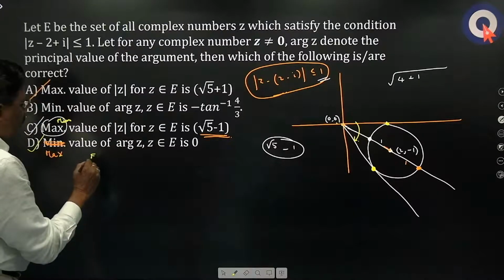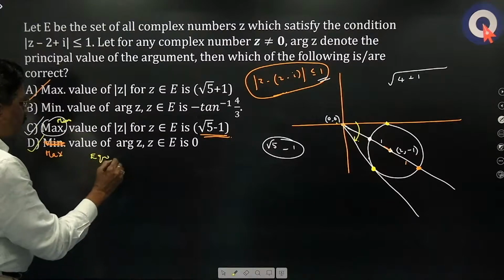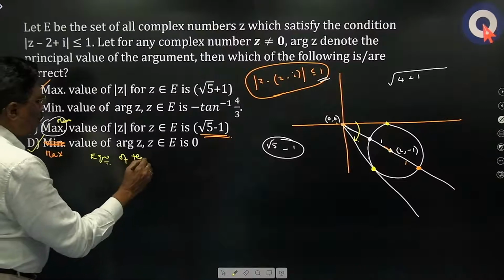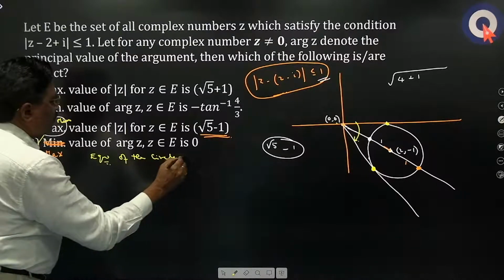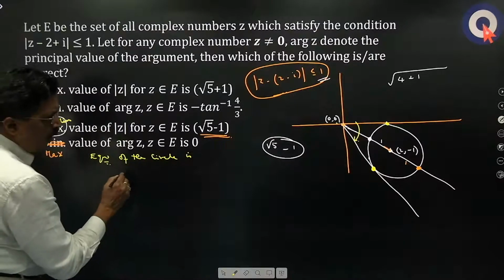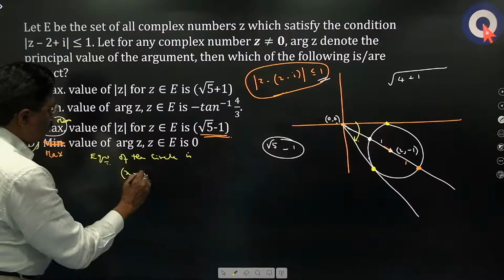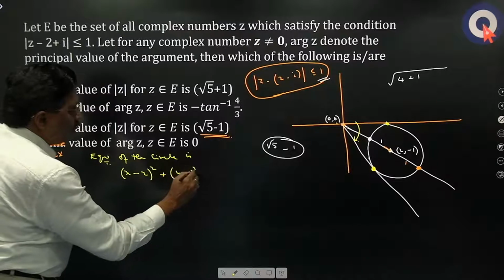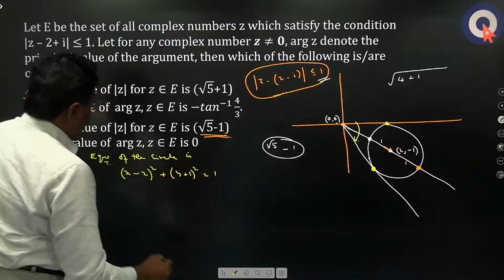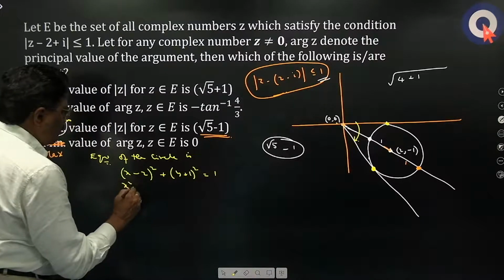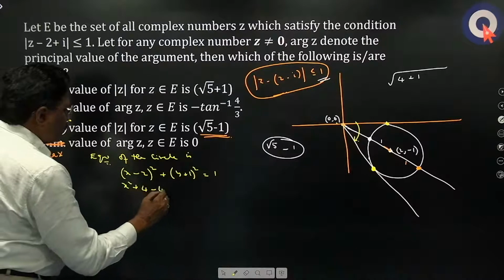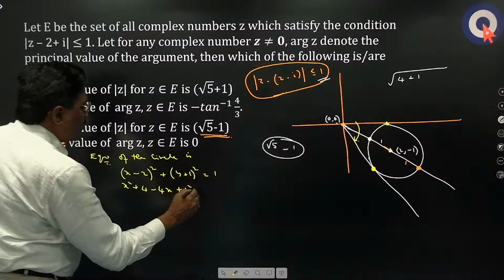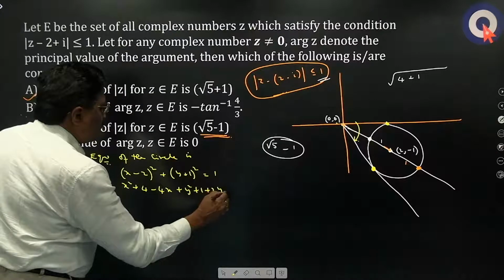So the equation of the circle is x minus 2 whole square plus y plus 1 whole square is equal to the radius 1 square. So this is x square plus 4 minus 4x plus y square plus 1 plus 2y is equal to 1.